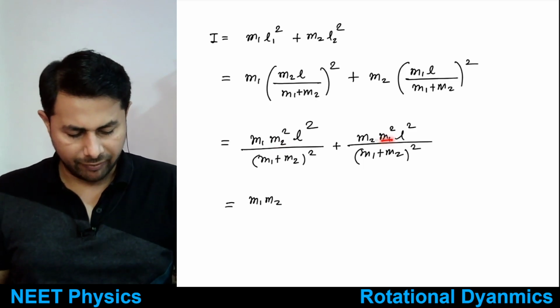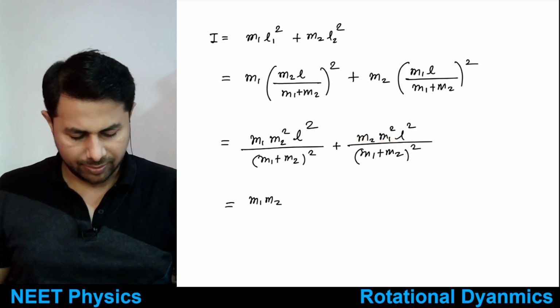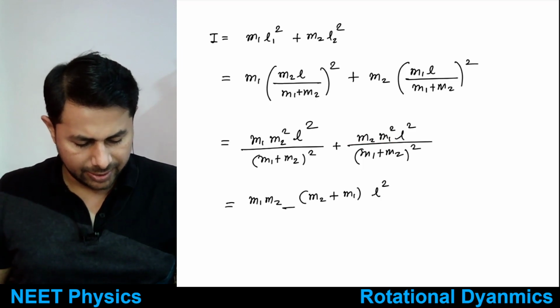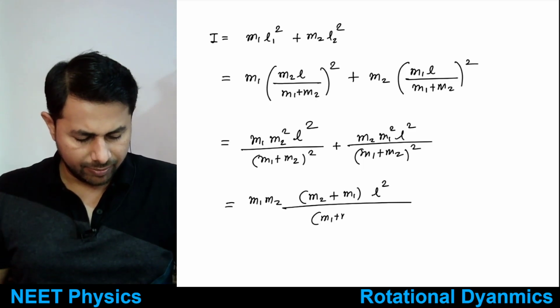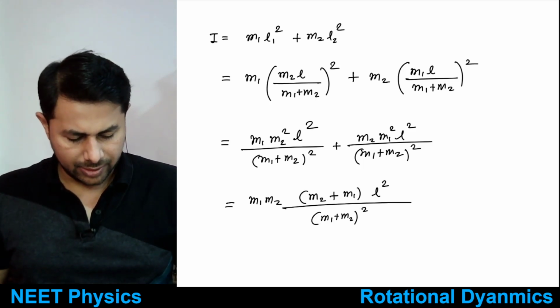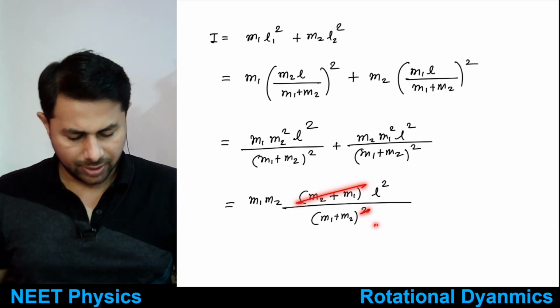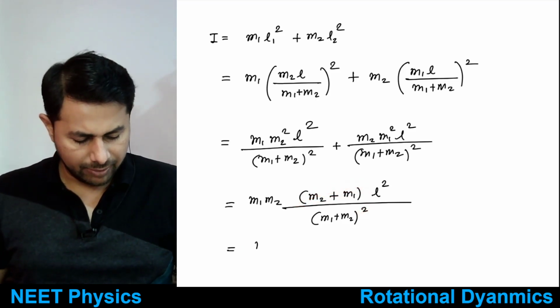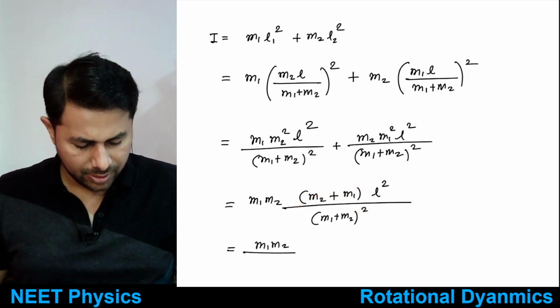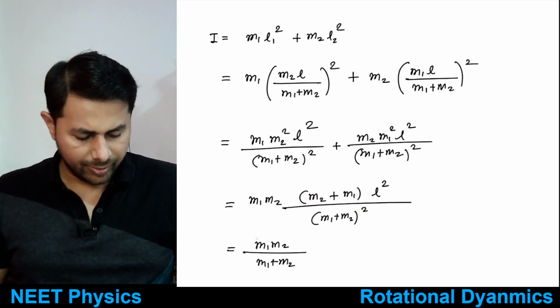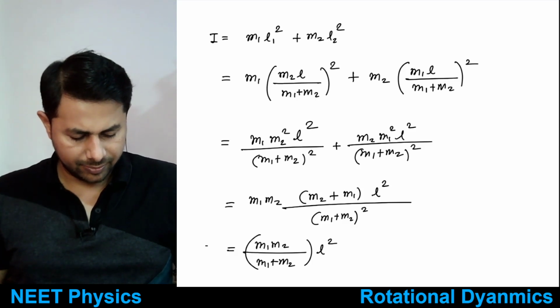Everything is multiplied by L square divided by (m1 plus m2) square. Then the m1 plus m2 in the numerator and one power in the denominator get cancelled, and you get this formula: m1 m2 divided by m1 plus m2, multiplied by L square.